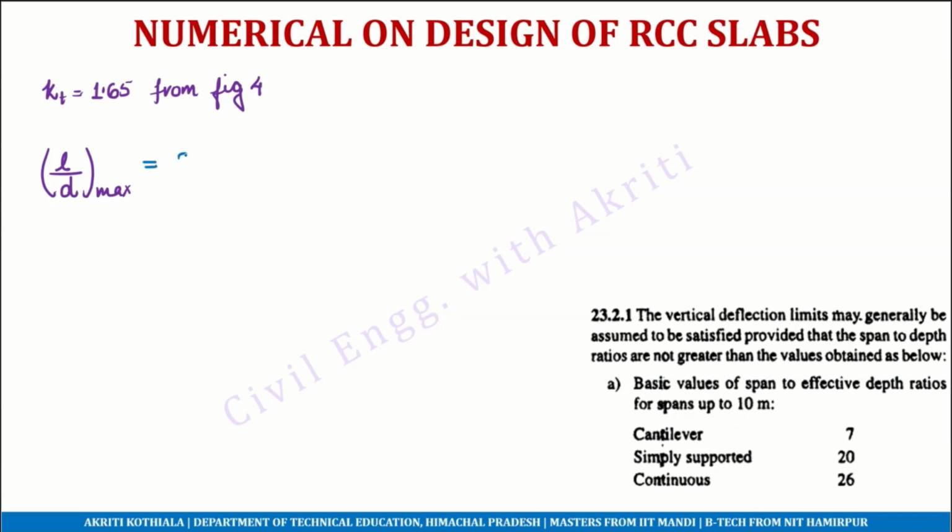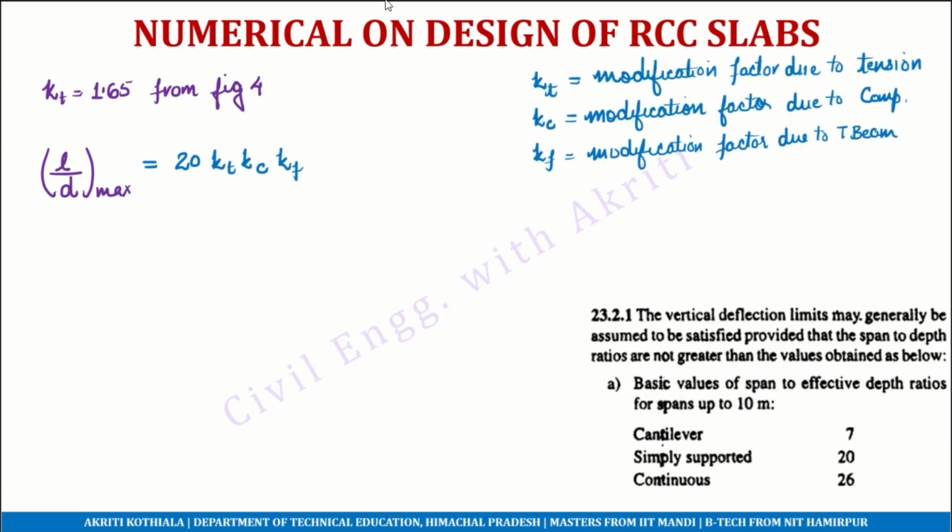So the factor is 20 into kt into kc into kf, where kt is modification factor due to tension, kc is modification factor due to compression, and kf is modification factor due to flange of the beam. Because the cross section here is rectangular, kf is equal to 1.